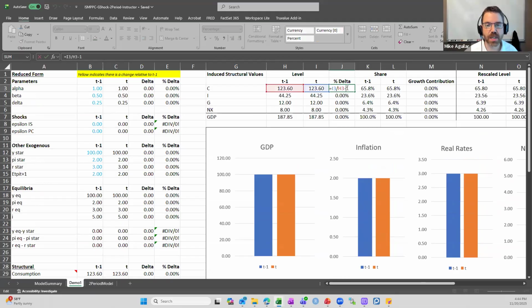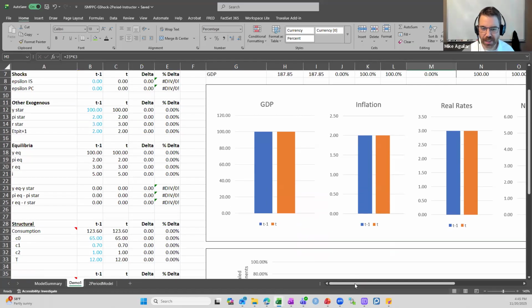And then I take the percentage change. And then I take the shares in each period, and you can see consumption is around 60, 70%. And then I compute the contribution of C to GDP growth in a given period. And remember, you use yesterday's share times today's growth rate.